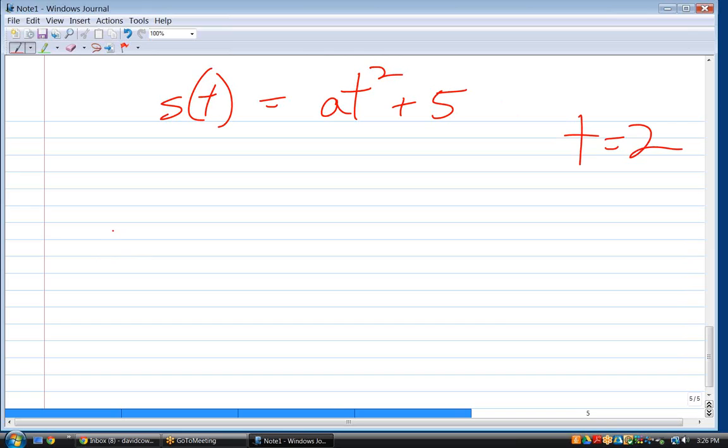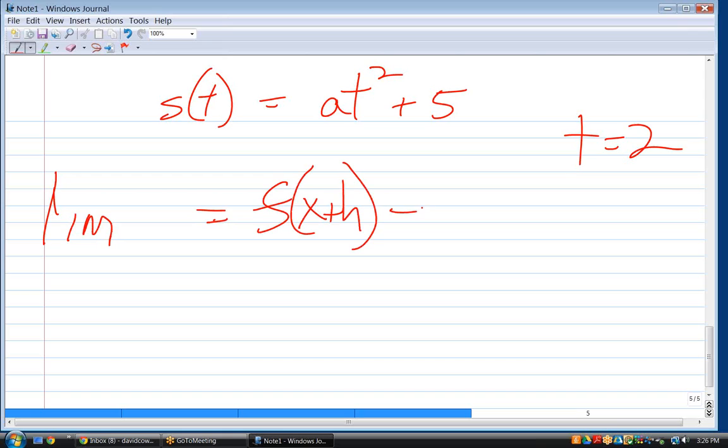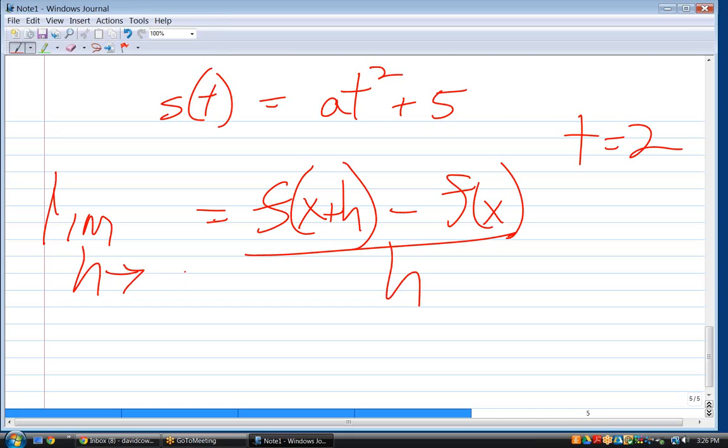Okay. So let's find this limit. In other words, we're going to use the limit of f of x plus h minus f of x all over h as h goes to 0.